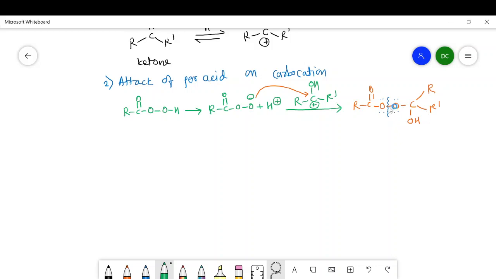The breaking of this oxygen-oxygen bond occurs in such a way that this oxygen abstracts two electrons from this bond and is converted into RCOO minus, that is the carboxylate ion, and this R' is transferred from this carbon to oxygen.